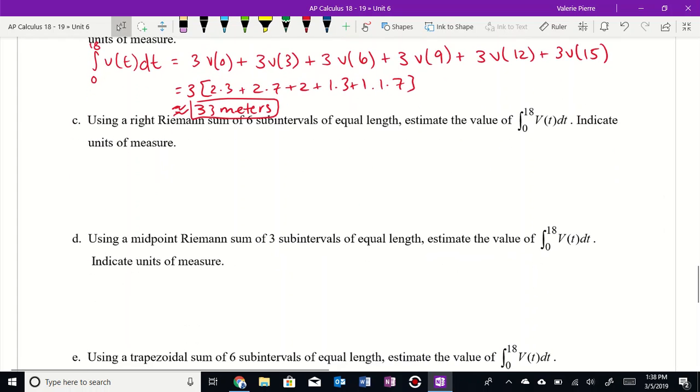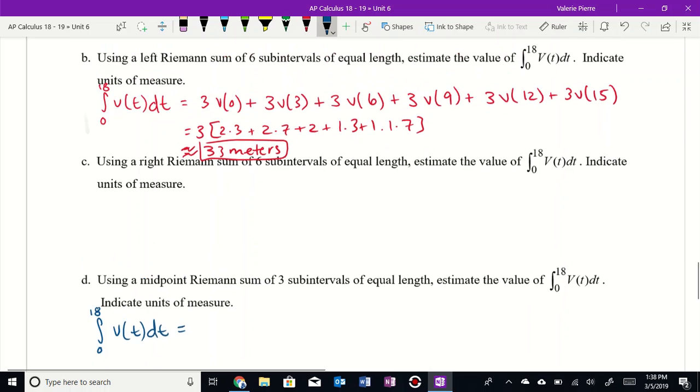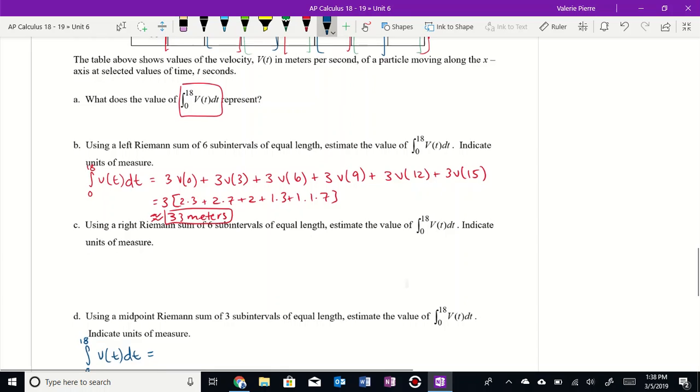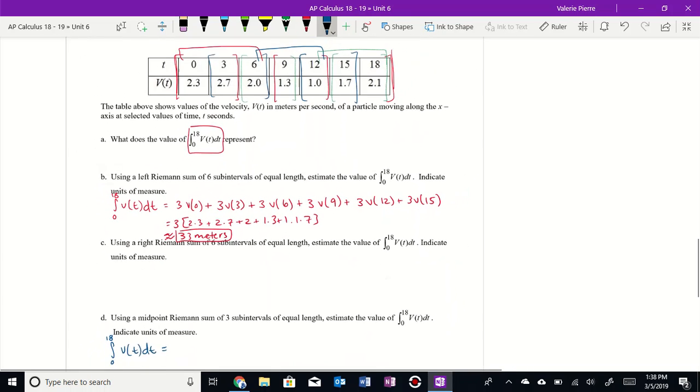So when we write this out, we want midpoint Riemann sum. So we want 0 to 18 v of t dt equal to, so now we have to look closely at what we have going on.